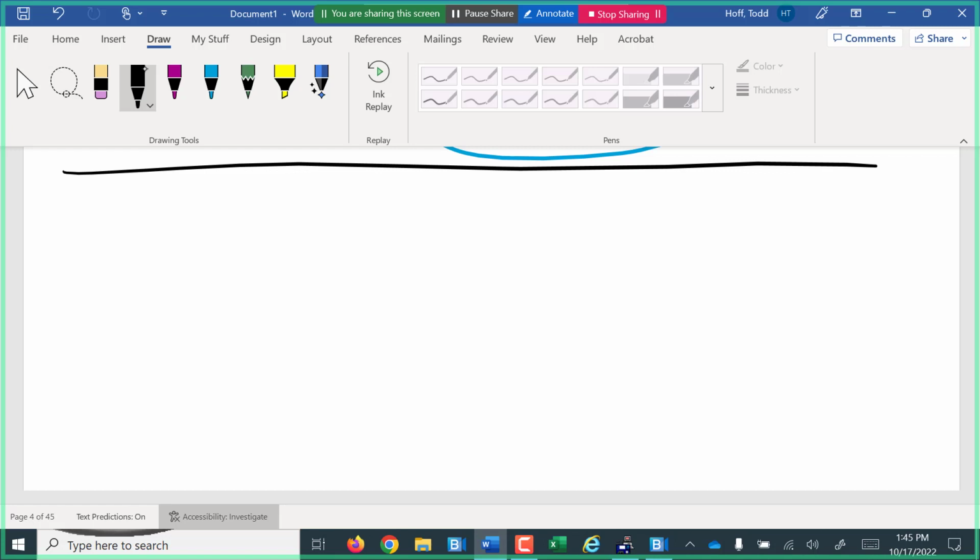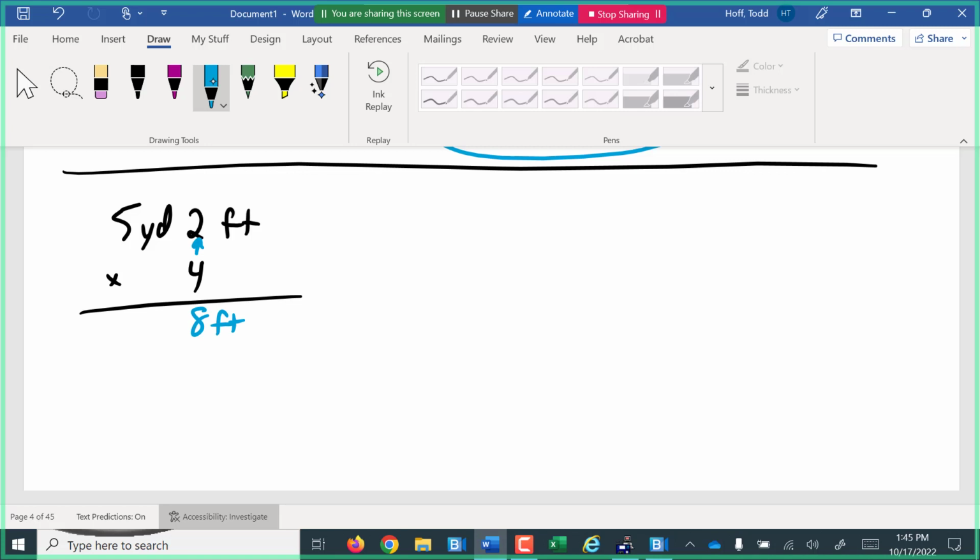let's do some more multiplication with some of our other units. Let's take 5 yards, 2 feet times, let's say we need 4 of those. So what's 2 feet times 4? 8 feet. That's more than a yard.